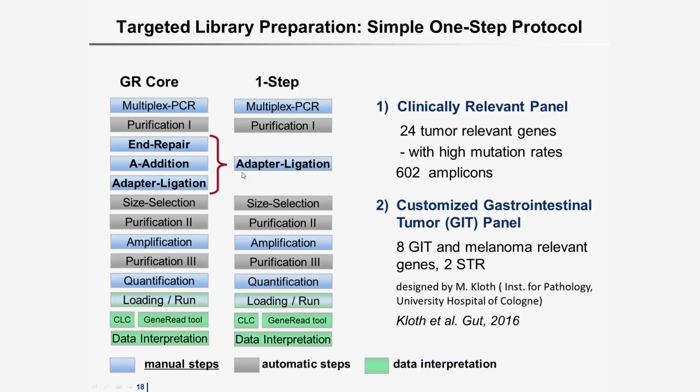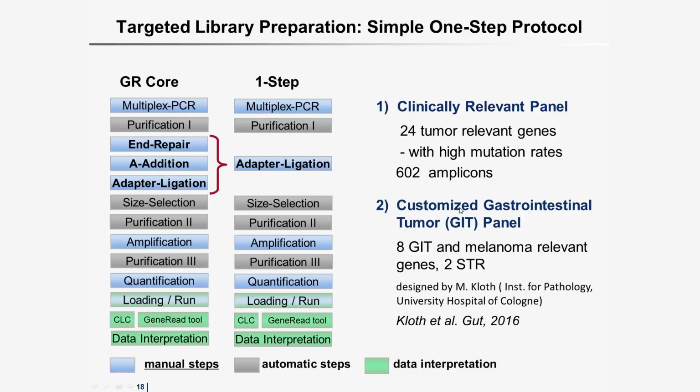So we applied this one-step protocol to two panels, the clinical relevant panel of QIAGEN. This is a panel covering 24 tumor-relevant genes with high mutation rates, and it includes 602 amplicons.